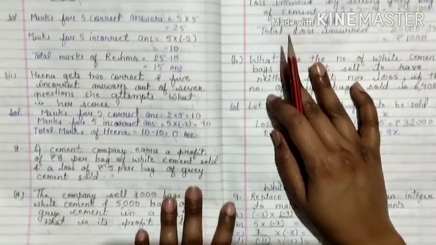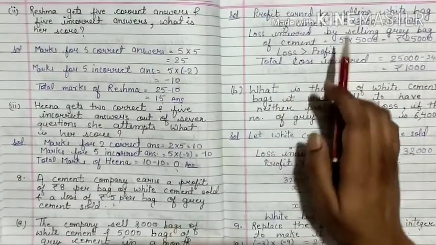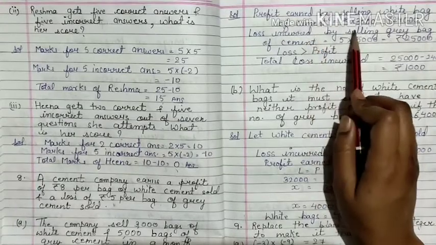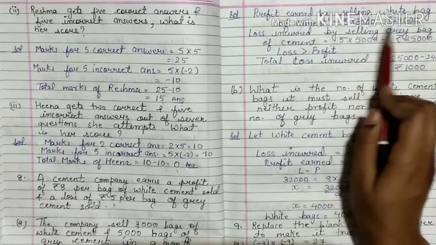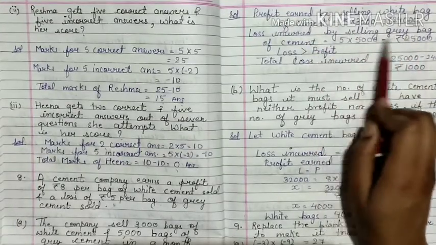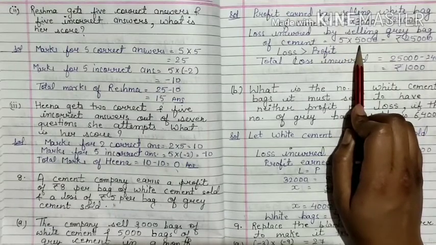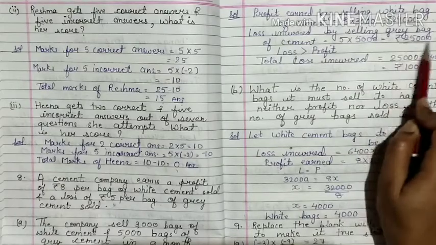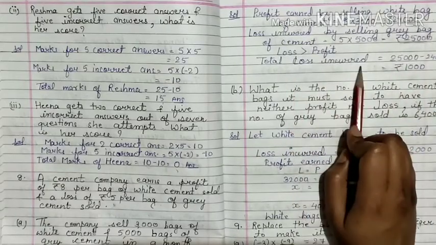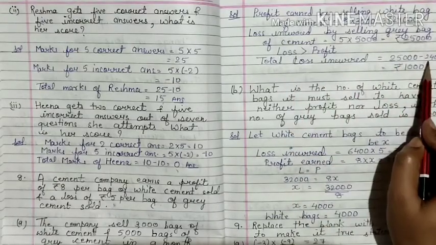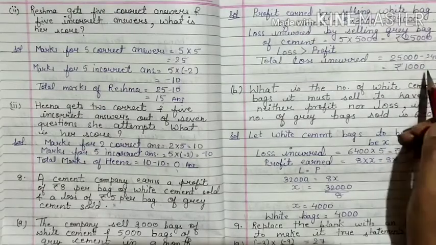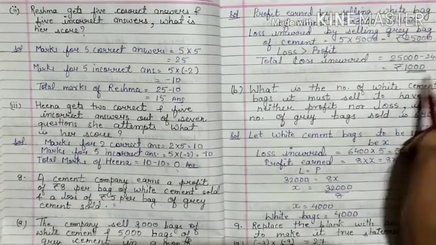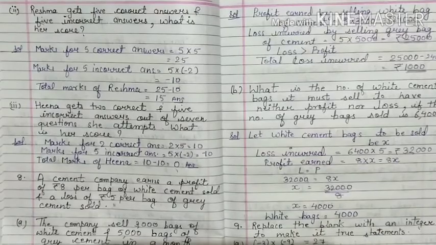Profit earned by selling white bags, 8 3s are 24,000, and for grey 5 5s are 25,000. Then the loss is greater, so loss incurred equals 25,000 minus 24,000, then it will be 1,000. How much loss? 1,000 rupees.